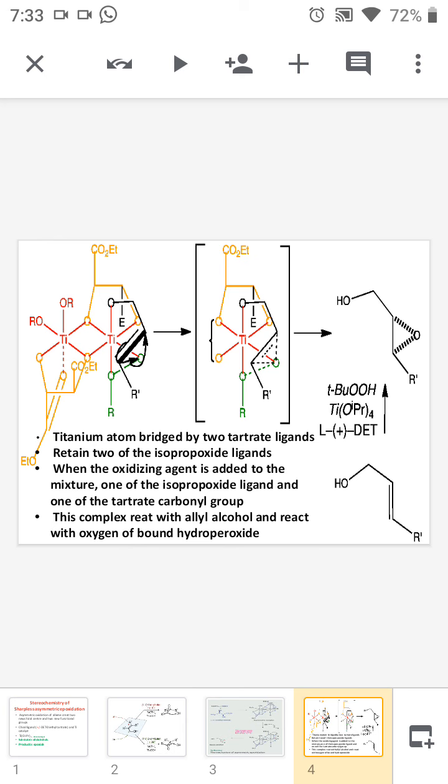See in the oxidation, oxygen is added from the peroxide, and the peroxide is in the lower side of the plane of the allyl alcohol. That's why if you are using the plus diethyl tartrate, we will get the oxygen atom in the epoxide which is away from the observer.